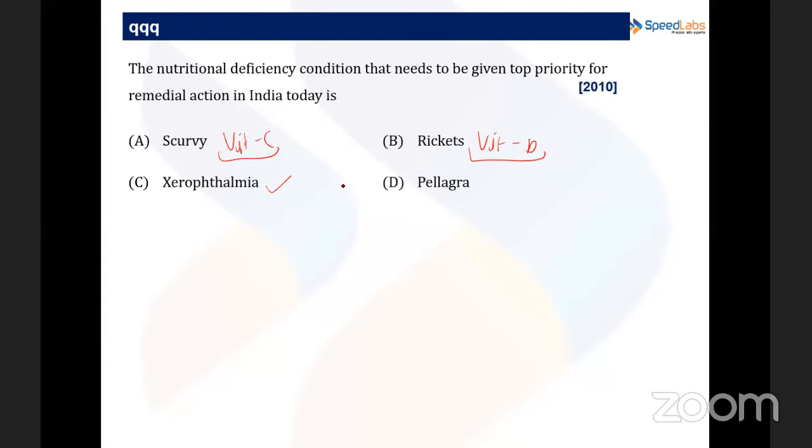Vitamin C is ascorbic acid. Pellagra is due to deficiency of vitamin B3, and the other name is niacin. So deficiency of niacin causes pellagra. I hope this question is clear to all of you, with all the deficiencies present in the question. So let's move to the next question.